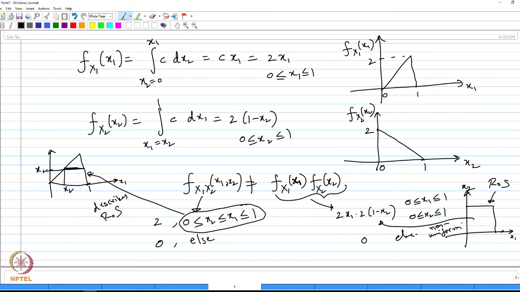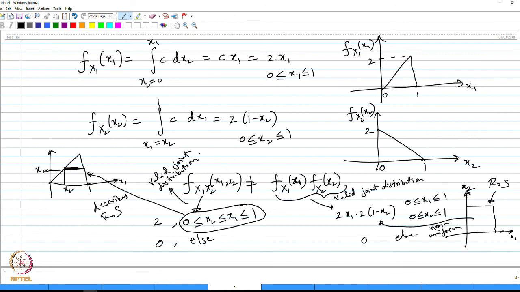Okay, so we see that there are two different joint distributions here. This is also a valid joint distribution. Both of them have the same marginals, right?